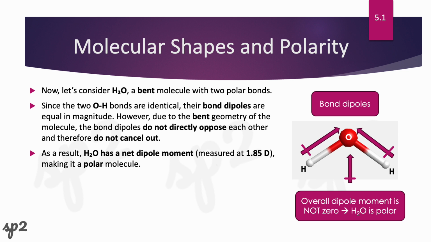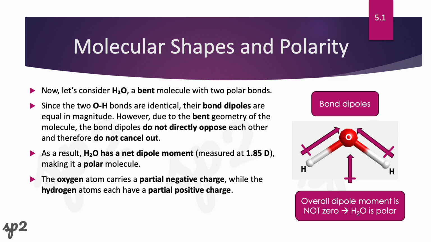As a result, water has a net dipole moment, which has been measured experimentally to be 1.85 debye, making it a very polar molecule. The oxygen atom carries a partial negative charge, and the hydrogen atoms carry a partial positive charge. You can see the arrows and the bent geometry in our picture on the right side.